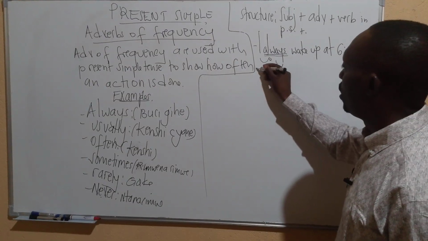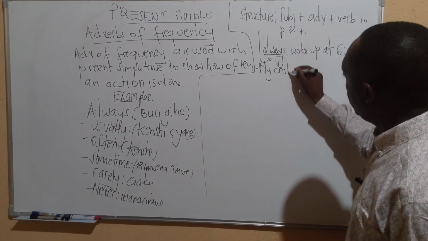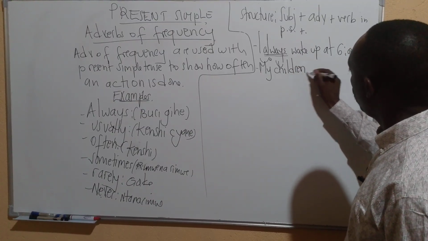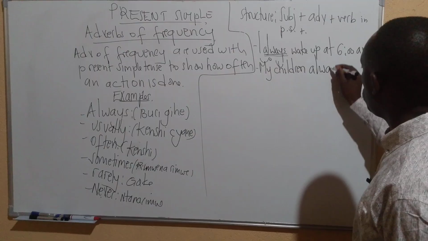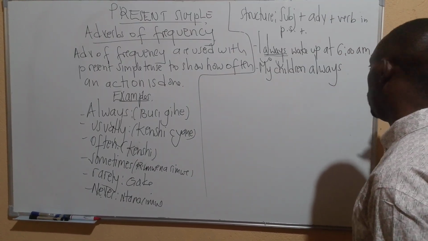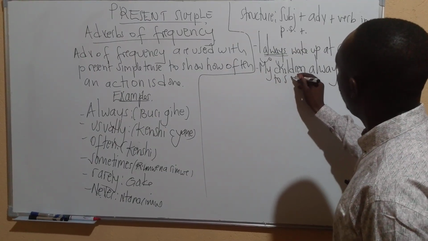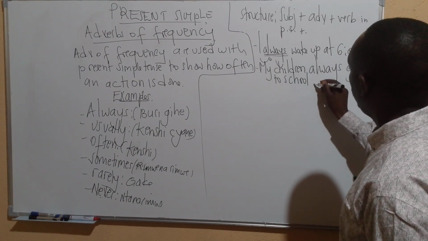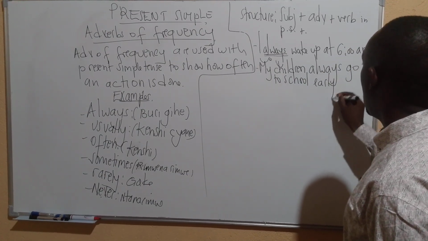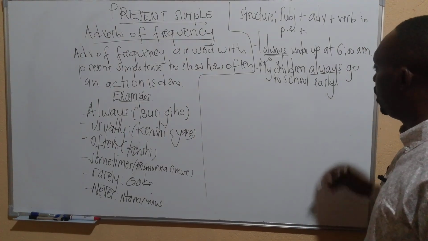We can also have another example. My children always go to school early. Abana banjye buri gihe bajya ku ishuri hakiri kare.